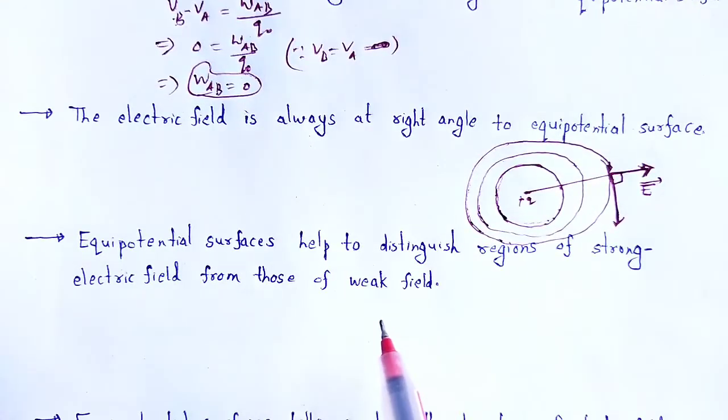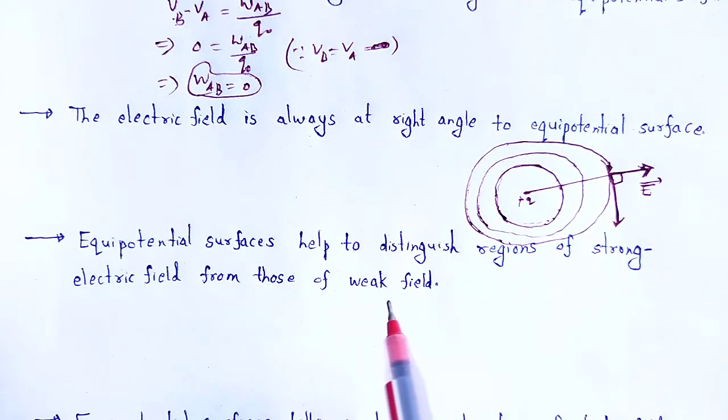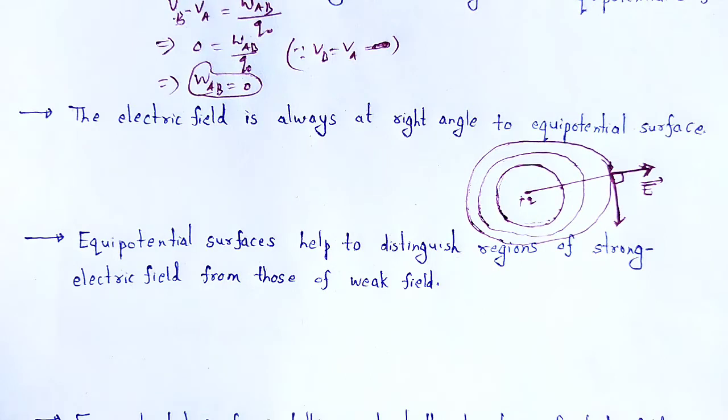Next property: equipotential surfaces help to distinguish regions of strong electric field from those of weak electric field. Which electric fields are strong in comparison to weak ones can be easily distinguished by using equipotential surfaces.